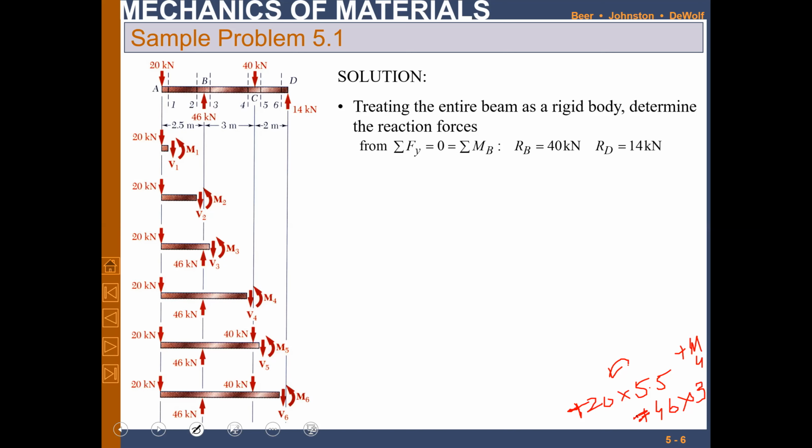It will not be positive, it will be negative. So all of this will be equal to 0. So M4 will be equal to 28, right?